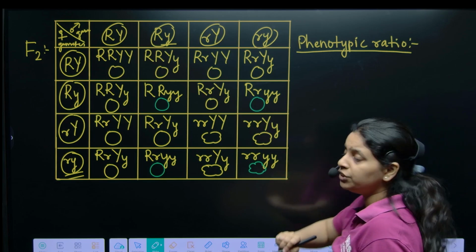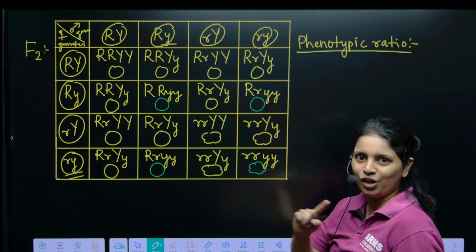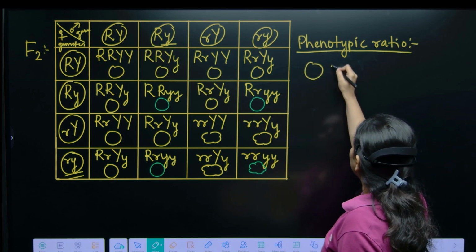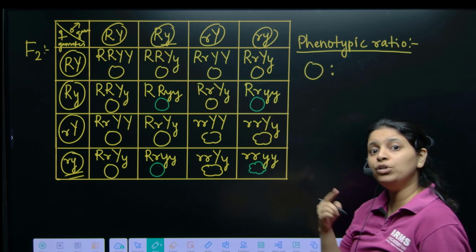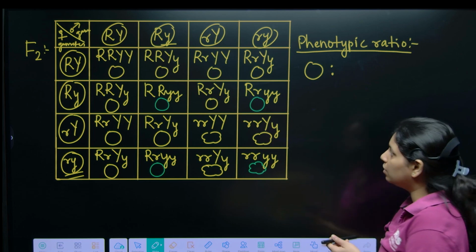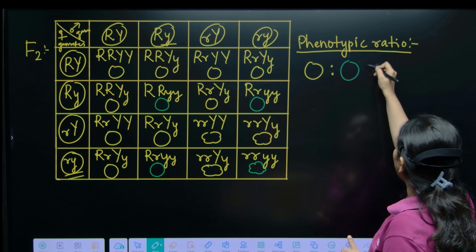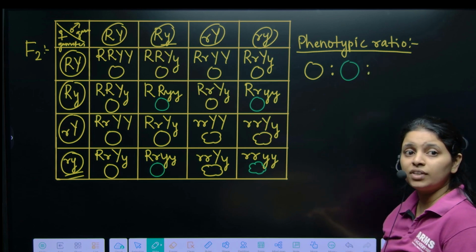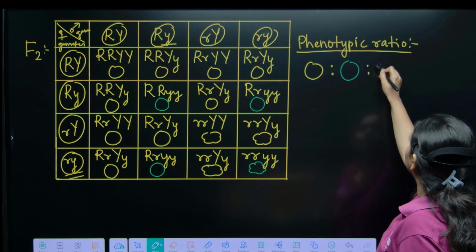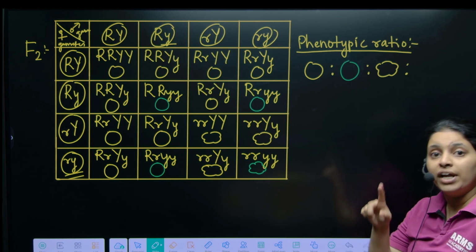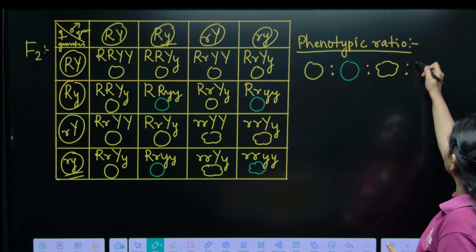Okay, first we have round shape and yellow color. So round yellow. Next, let's say we have round shape but green color. So like this. Okay. Next, we have, let's say, wrinkled shape but yellow color. And last, we have wrinkled shape and green color.